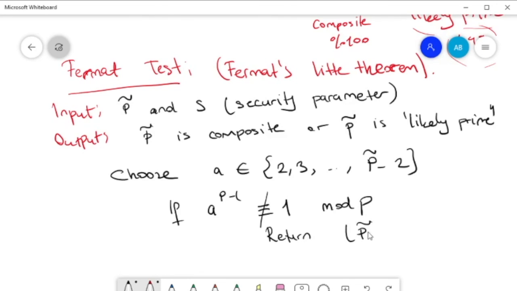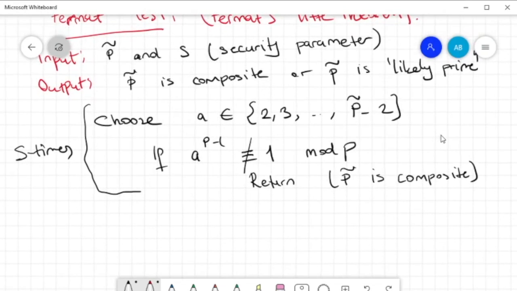So this means that P is not prime, or it is a composite number. And we do this S times. We repeat this algorithm every time choosing a new A, in order to make the confidence that P is likely prime high.